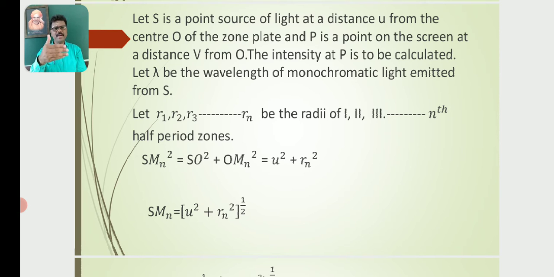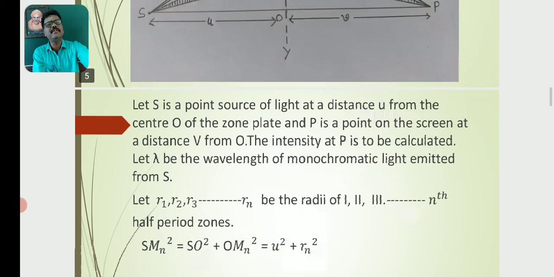From the above diagram, SMn square is equal to SO square plus OMn square, which is equal to U square plus Rn square, where SMnO is a right angle triangle. Now you see the diagram.